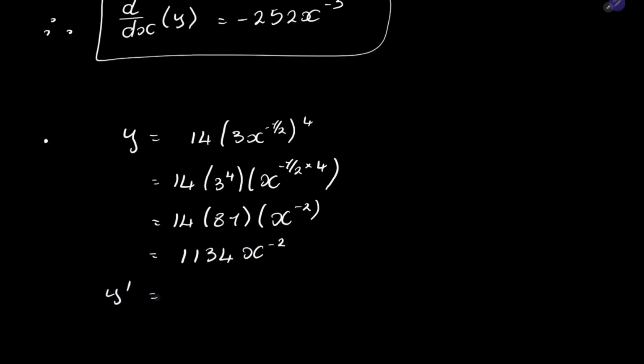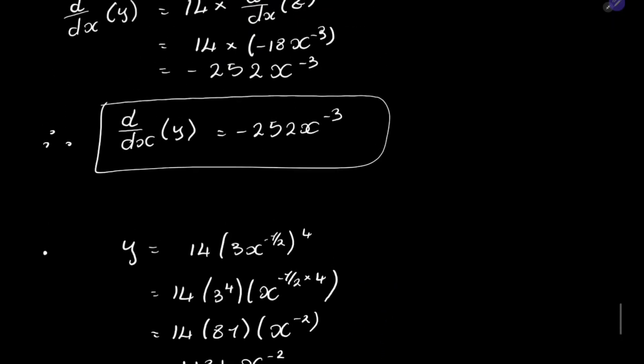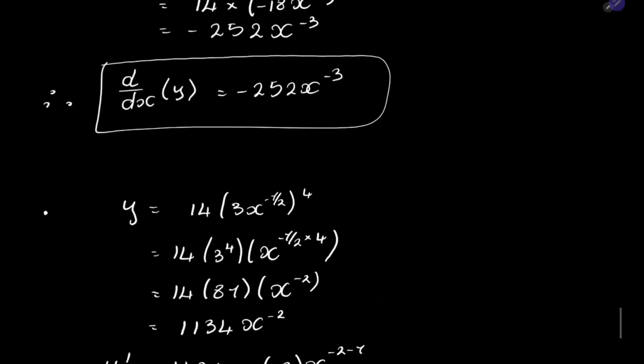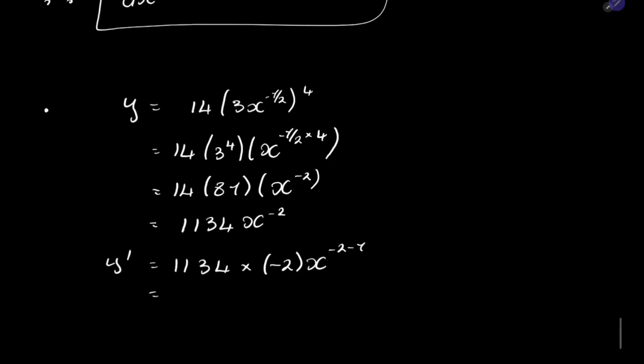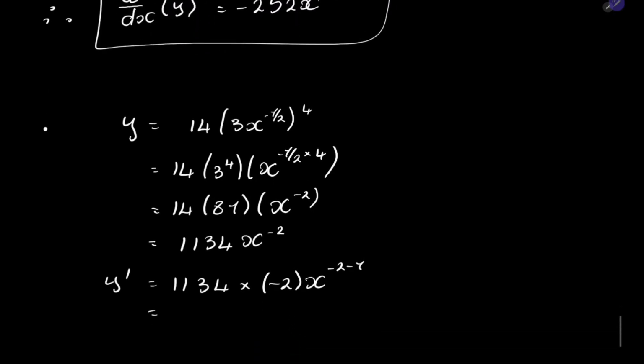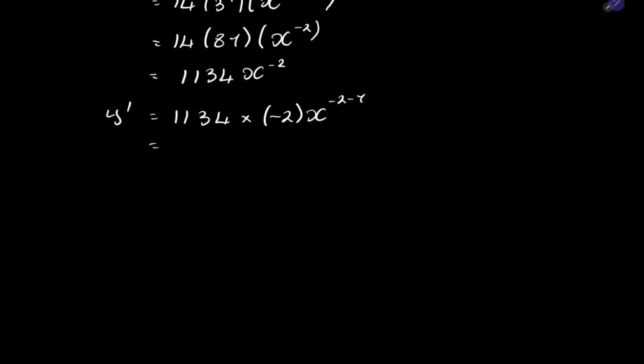Now y prime, which is the derivative of y with respect to x, is negative 2 x to the negative 2 minus 1, times 1134, which gives us negative 2268 x to the negative 3.